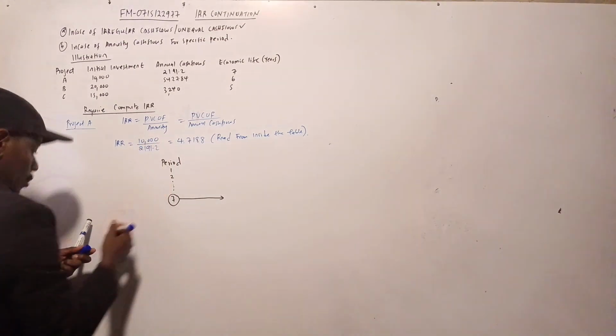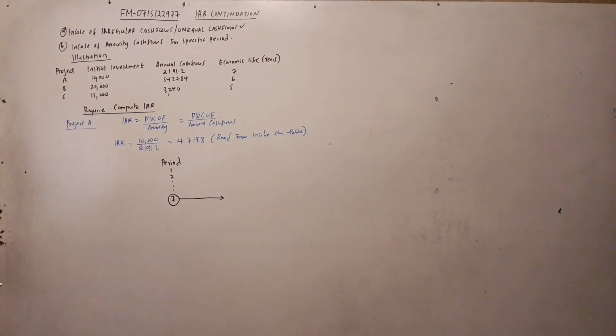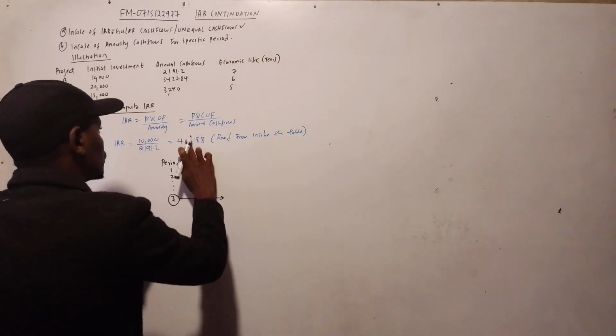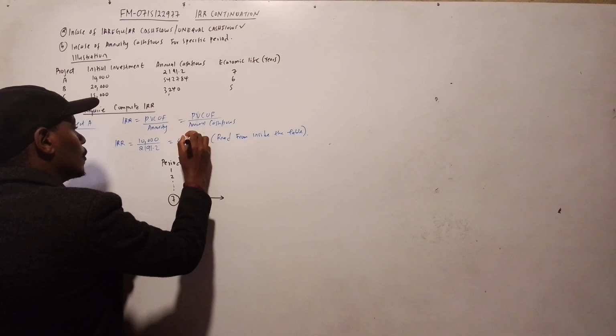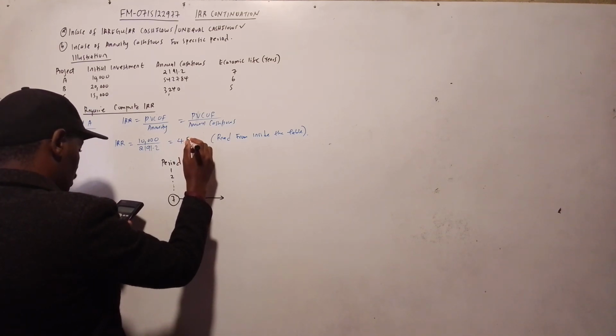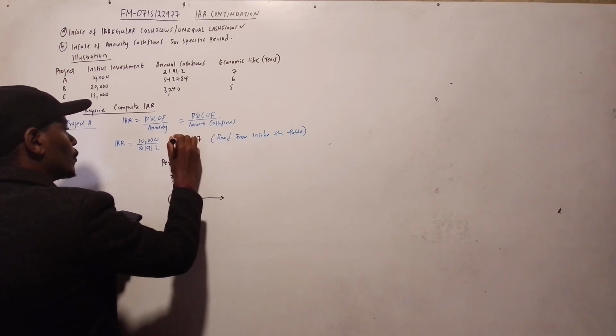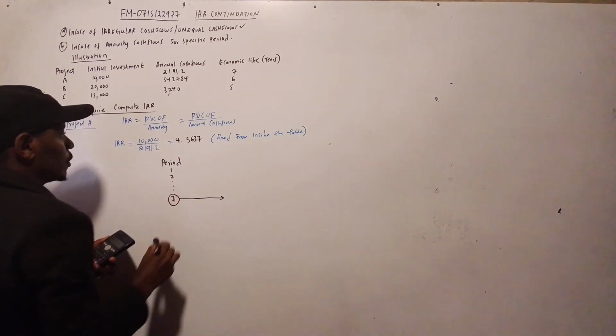2191.2. So we divide again: 10,000 divided by 2191.2. We get 4.5637.